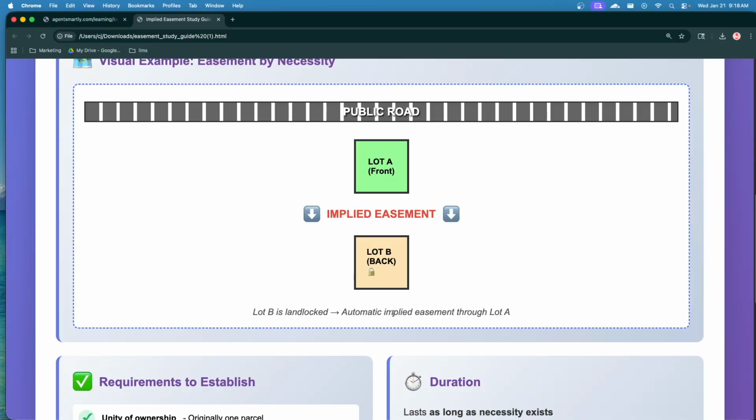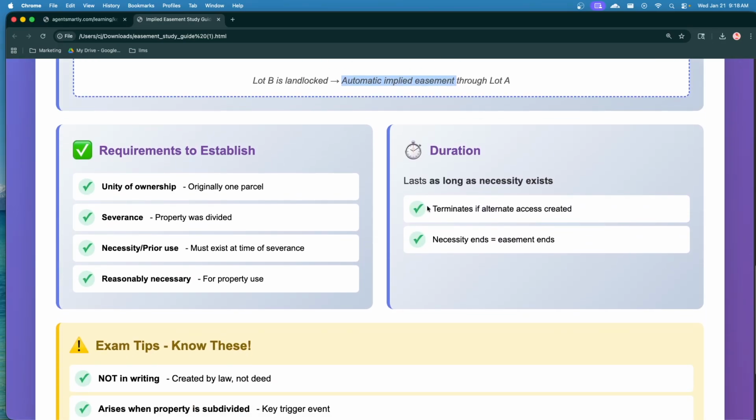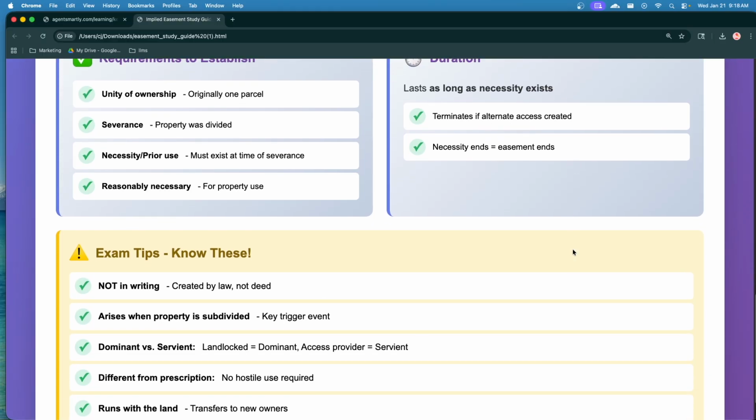That automatically creates an implied easement through lot A. So for the duration, it determines if there is an alternative like a public road. If there's no necessity, then this kind of easement ends automatically.